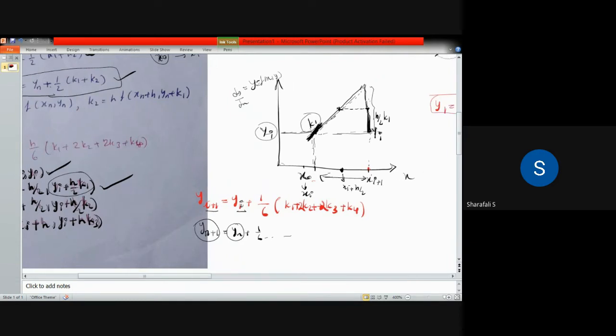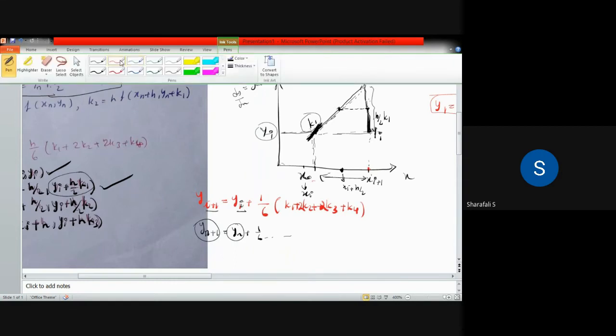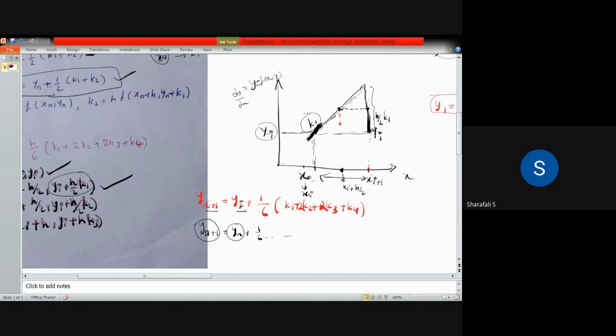Basically we have to find out what the slope is at that point where these two lines intersect. That slope, for example, is something like this, and that is represented as K2.